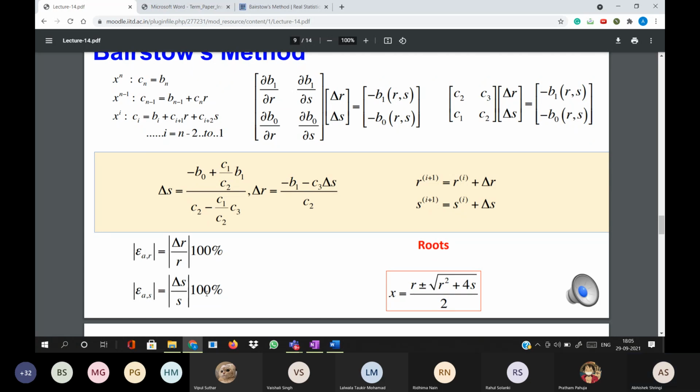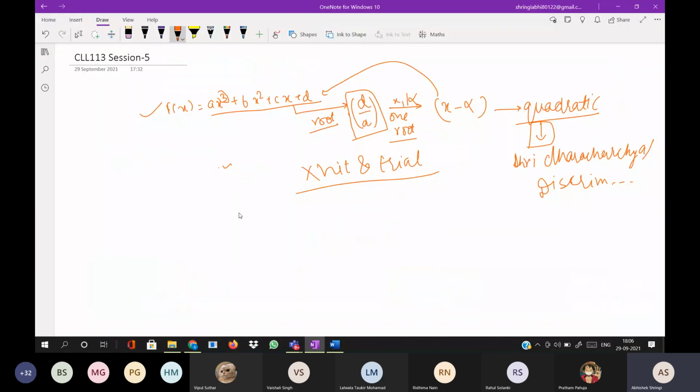The error squares should be summed, the epsilon a r square plus epsilon a s square, you take the square root, and it should be less than or equal to the tolerance. I write it for you here: the square root of epsilon a s square plus epsilon a r square less than tolerance. This is the stopping condition.